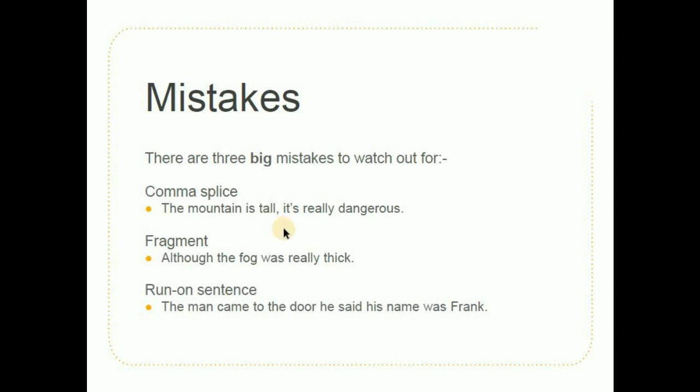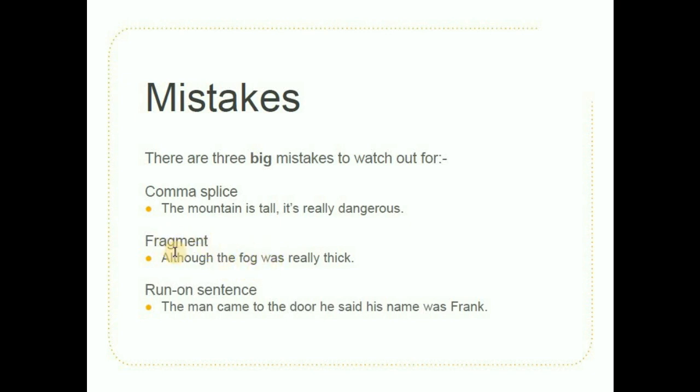The next error is a sentence fragment, and this is a really common mistake. This is when you have a sentence made up of just a dependent clause. A dependent clause will begin with a word like although. This is a subordinator or subordinating conjunction. Now, a sentence like this is not really a sentence.